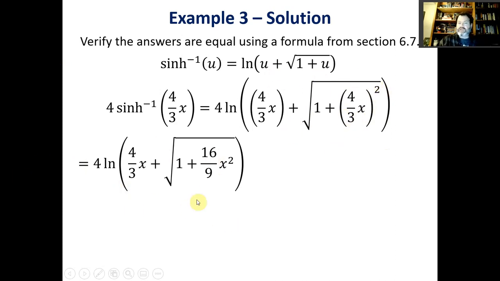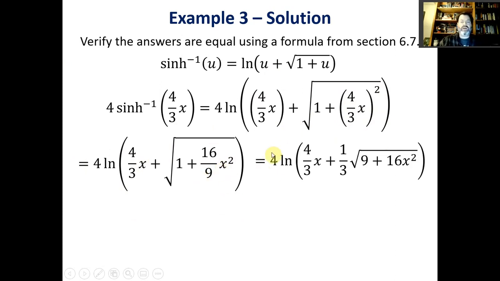It still doesn't look like what we had when we did example 1. So what I'm going to do is I'm going to factor out a 1/3. When you factor out a 1/3, I mean, inside the radical, you factor out a 1/9. When it leaves the radical, it becomes a 1/3. Now I got 9 plus 16x squared. Okay, so this looks like what I want. This is really close to what we got when we did the problem originally.